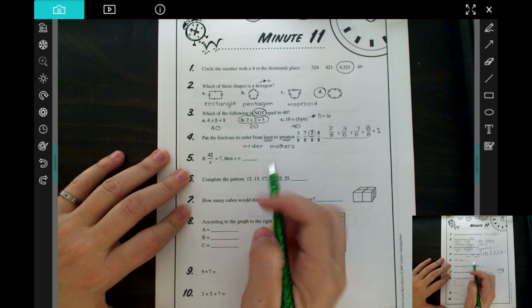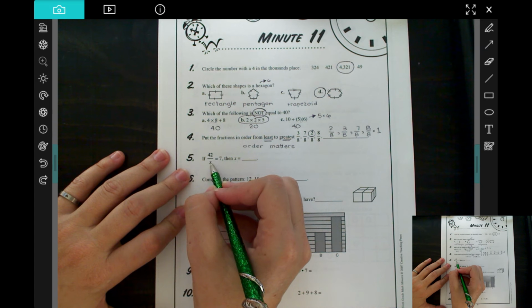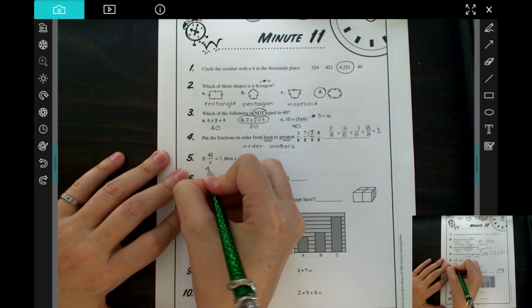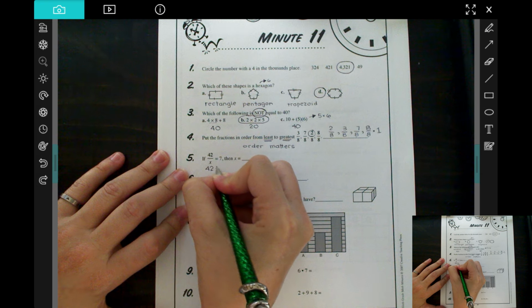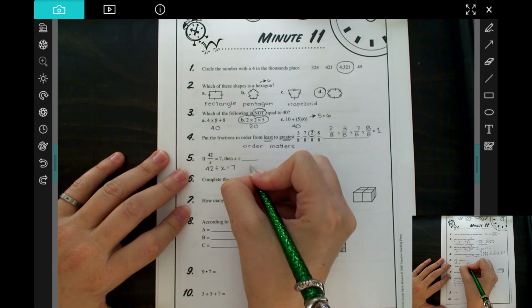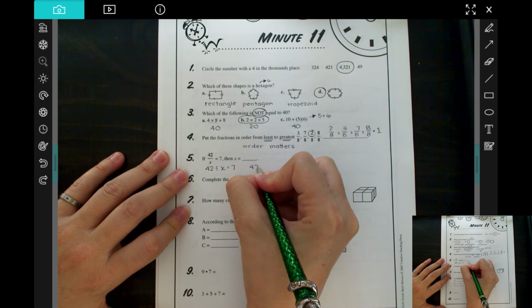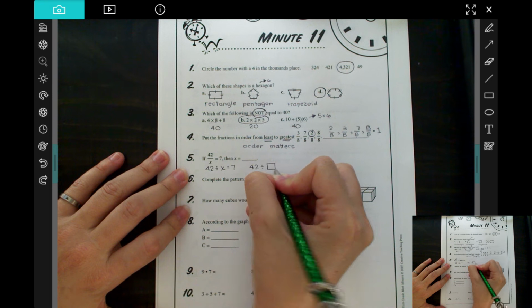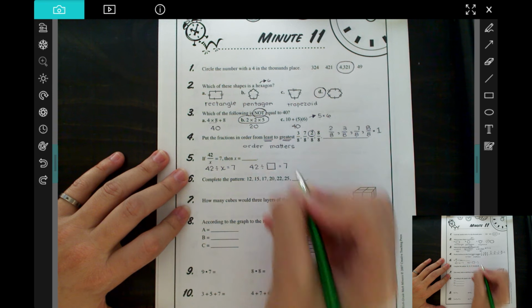Okay, if 42 over x equals 7, remember that this is the same as saying 42 divided by x equals 7. Earlier this week, we would have seen it written like this, 42 divided by some box, some unknown number is equal to 7.